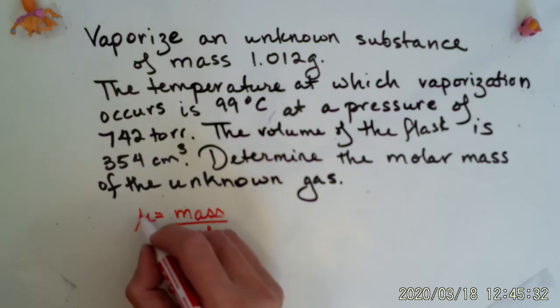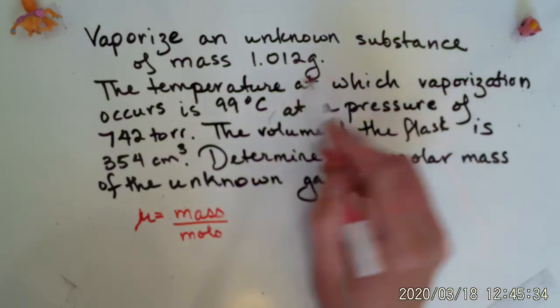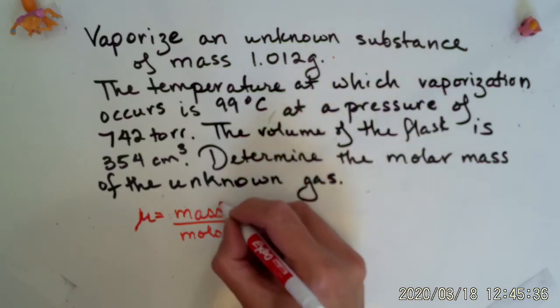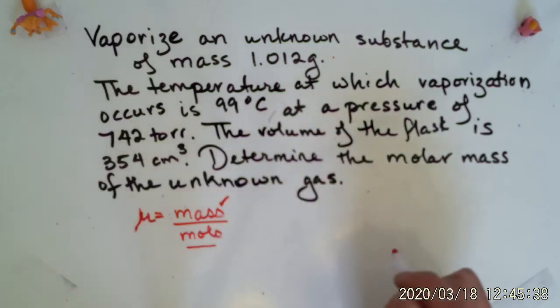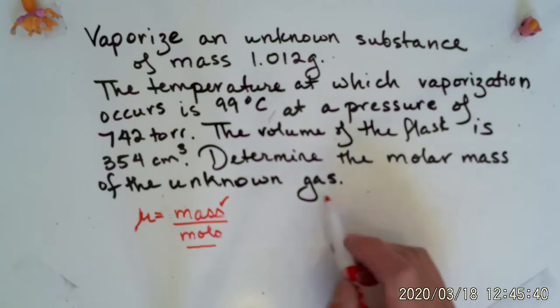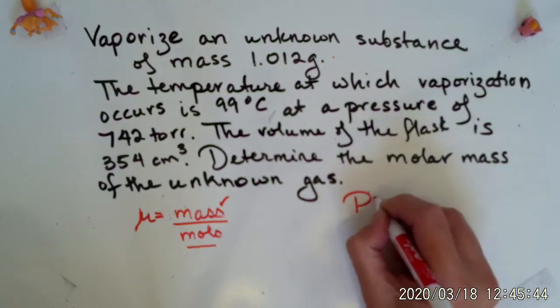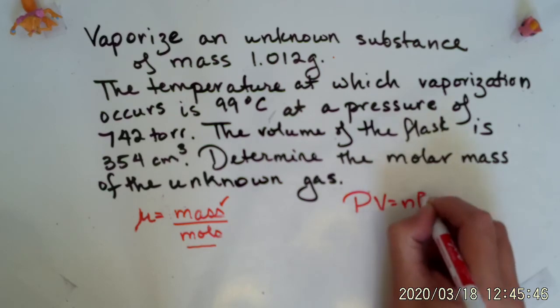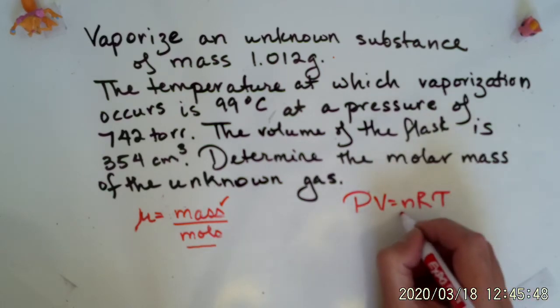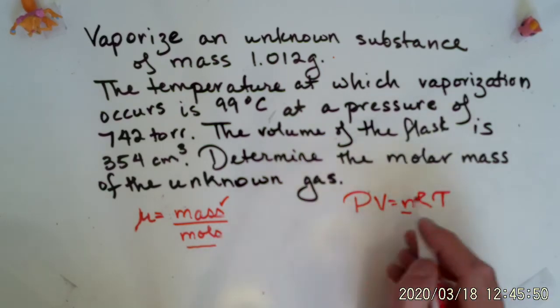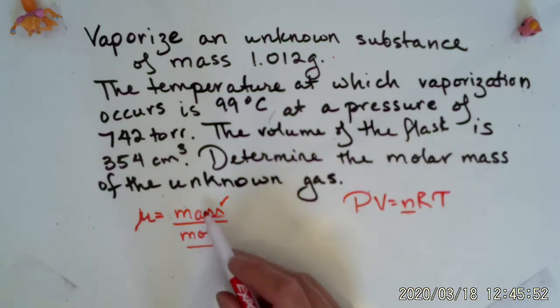We're looking for mu, and we have the mass, so this part's good. But we don't know how many moles of gas. So since we're talking about a gas, let's go to our ideal gas law, PV equals nRT. If we know n, which is our moles of gas, then we can get mu.